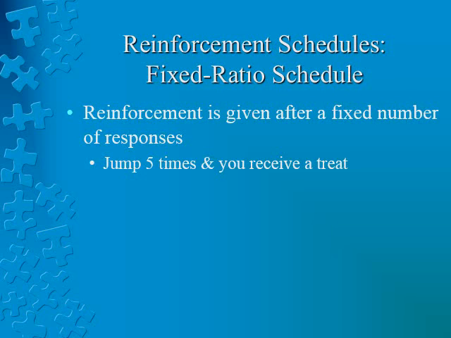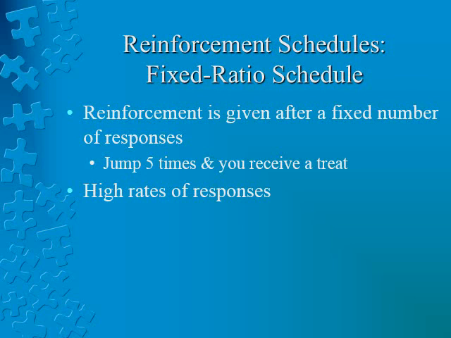Now, if you make the reinforcement unpredictable, you're actually going to get a higher rate of response from the creature you're trying to condition. So my dog doesn't know that the treat shows up every 5 times, so they're going to jump on a pretty consistent basis, and then they will receive a treat as a reward.